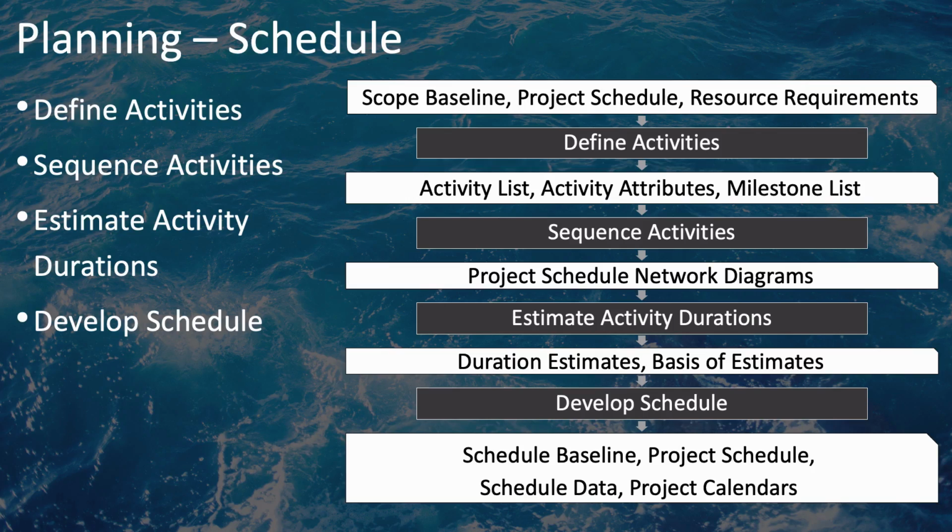These activities are then sequenced in order using the Sequence Activities process to create a project schedule network diagram, which does not yet include durations, but just has the activities in their proper order.